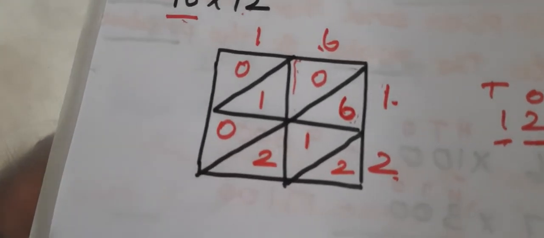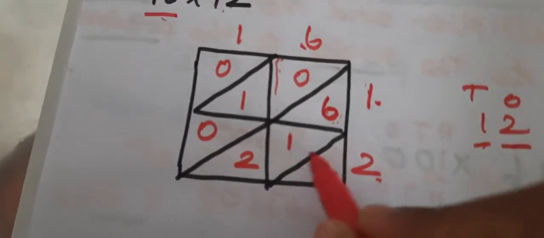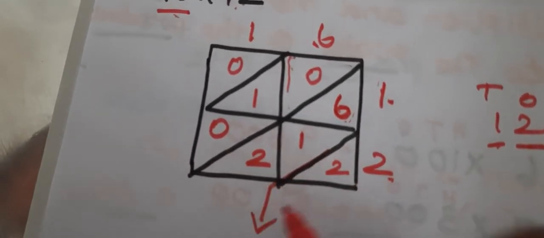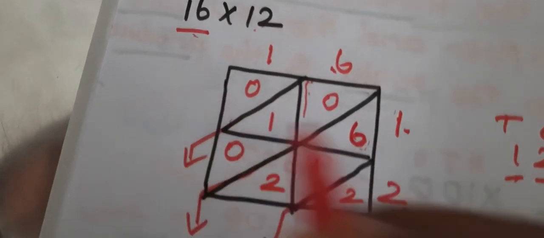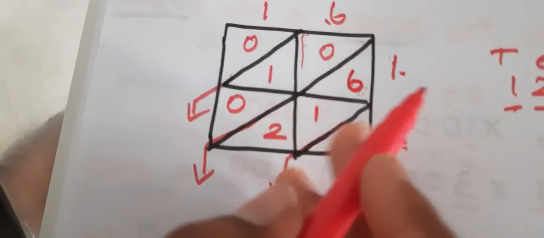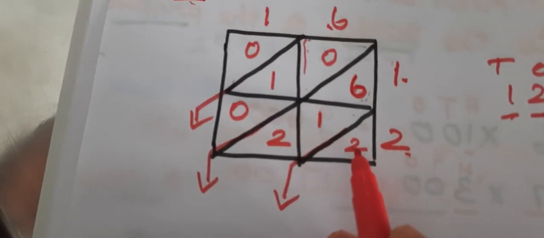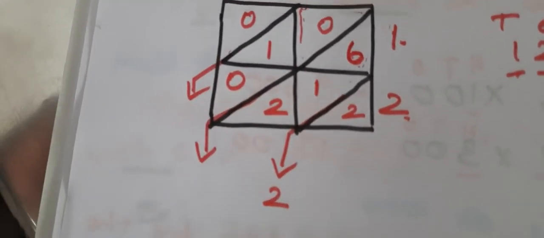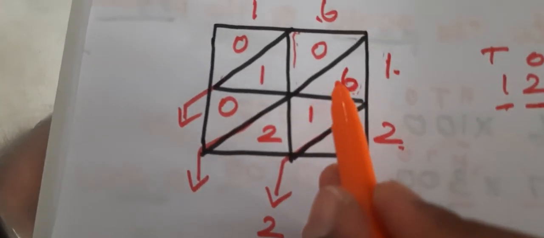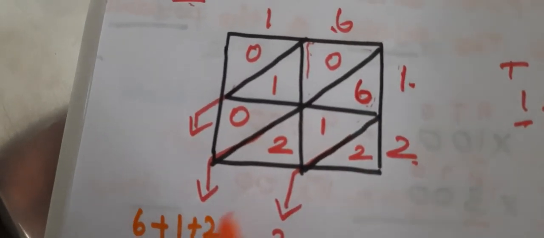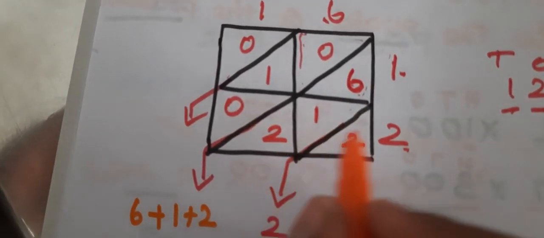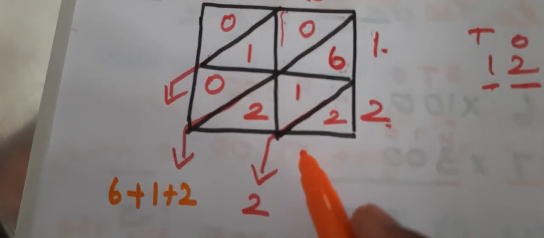Now we have to add slanting wise. So see here, the first slanting line, only one number is there, that is 2. Next, what are the numbers? 6 plus 1 plus 2. Inside the boxes, the numbers alone you have to add.